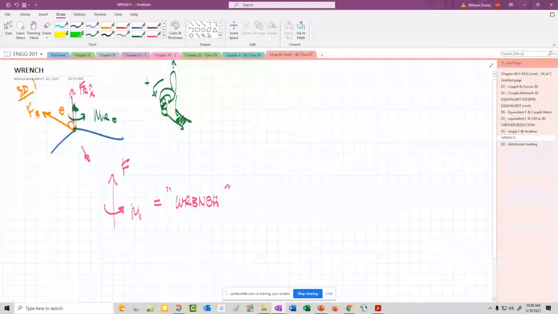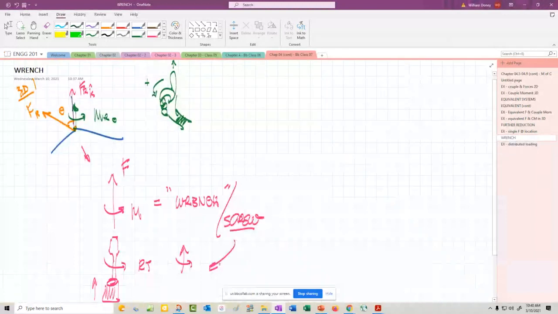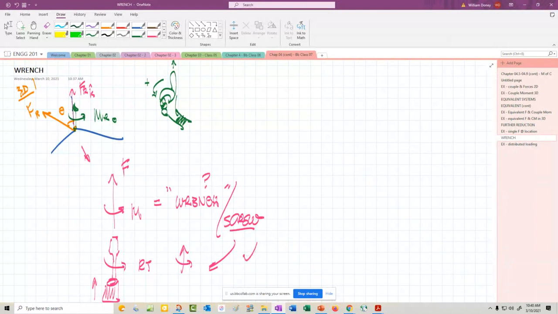So we're basically pushing and rotating. It's like we're pushing the screw in. So this is known also as a screw. First a wrench, but it could also be a screw, which I think makes a little more sense. Wrench, not so much. Screw, I kind of like that idea. Just the force is pushing up as you're rotating at the same time. Okay, and that rarely happens. I just want to give you that.